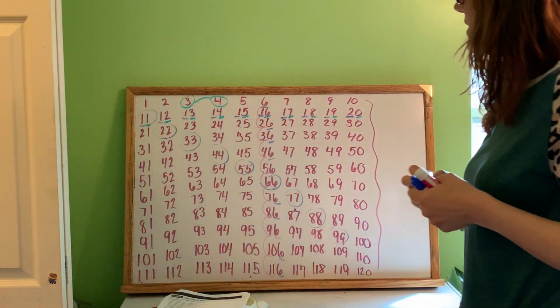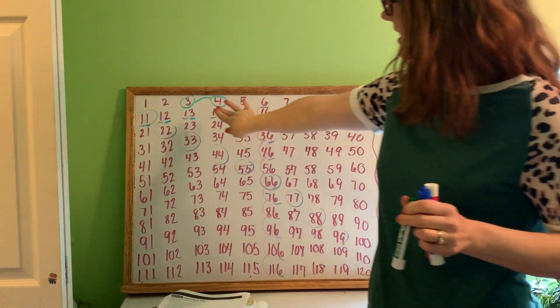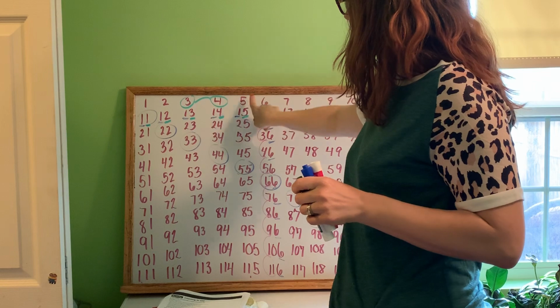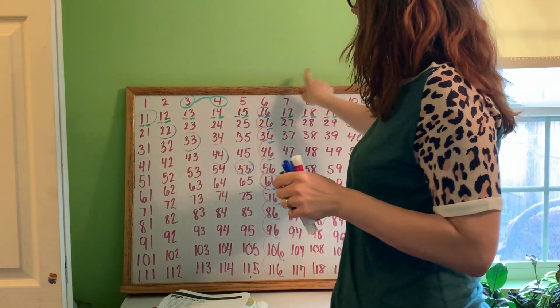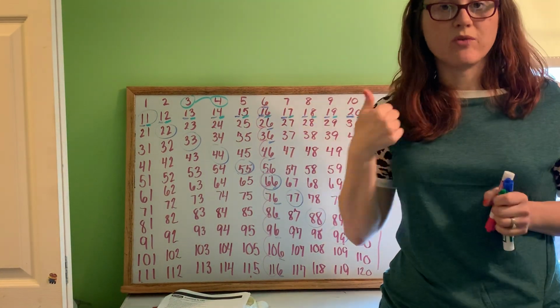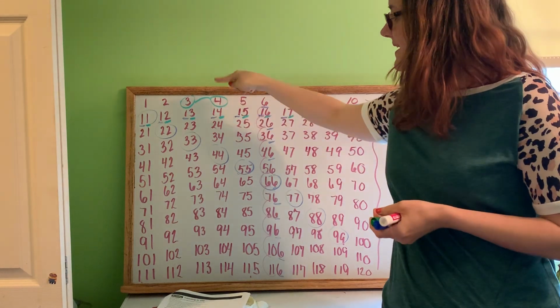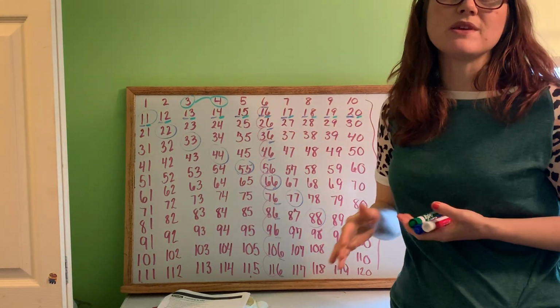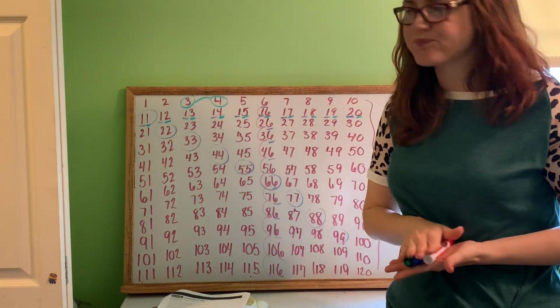And that's important because when we start counting, like I said, when we jump from a number to a number within a row, that's a jump of one. When we jump down, that's going to be a jump of 10.